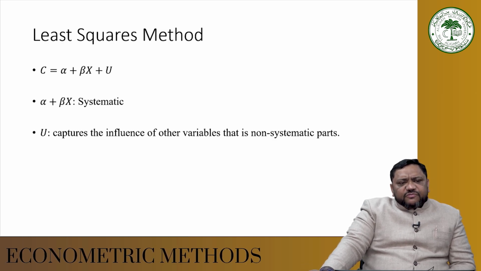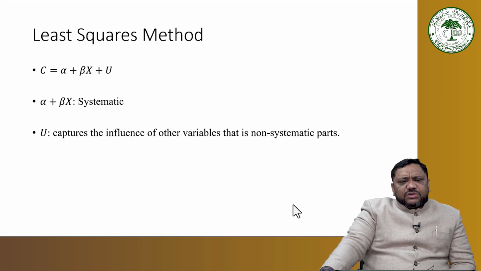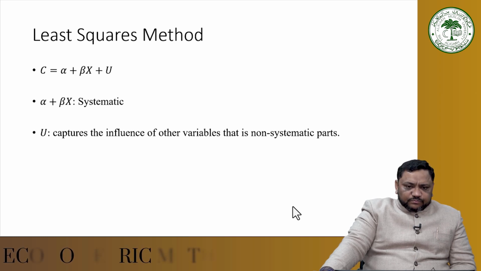We come to the method of least squares. The relationship between consumption and income can be divided into systematic and non-systematic parts. We assume C is equal to alpha plus beta x as systematic, as other things are assumed constant.